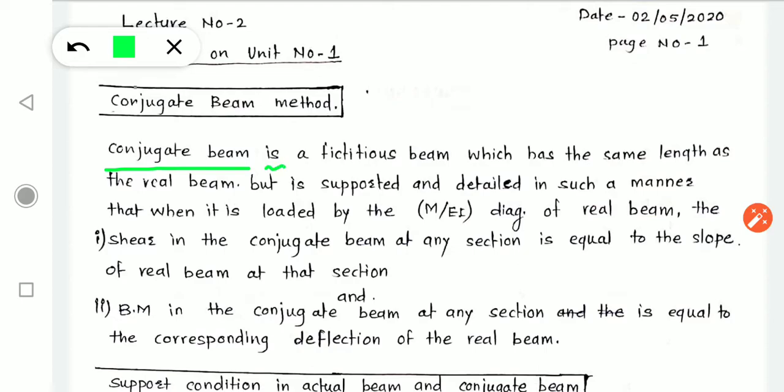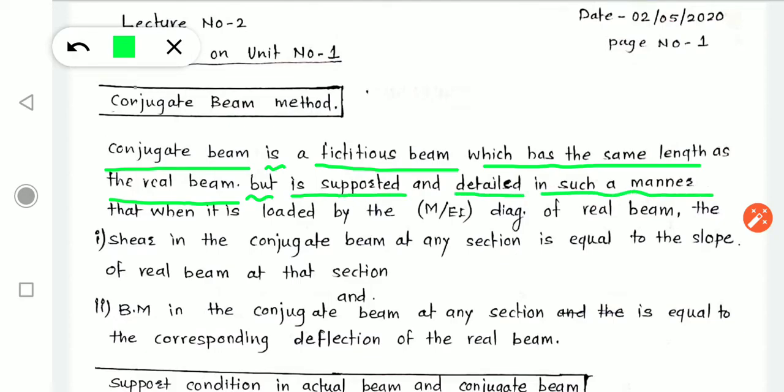A conjugate beam is a fictitious beam. Fictitious means imaginary, which has the same length as the real beam. So we are going to draw a fictitious beam for our real beam, with exactly the same length as our real beam. But it is supported and detailed in such a manner that when it is loaded by the M by EI diagram. Now, what is the M by EI diagram?